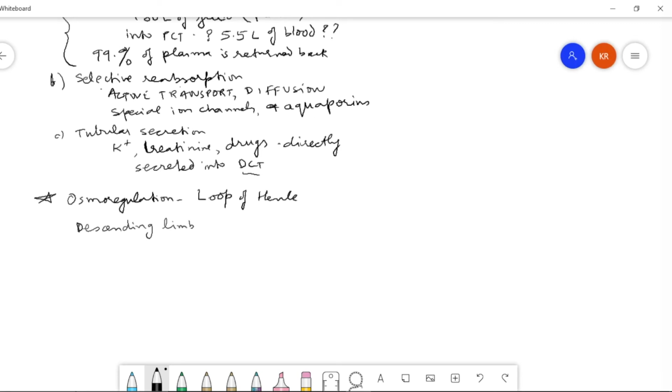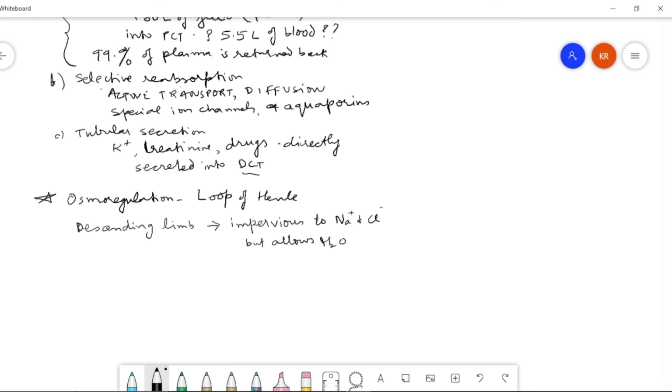Now the descending limb is impervious to Na and Cl, does not allow them, but allows H2O.